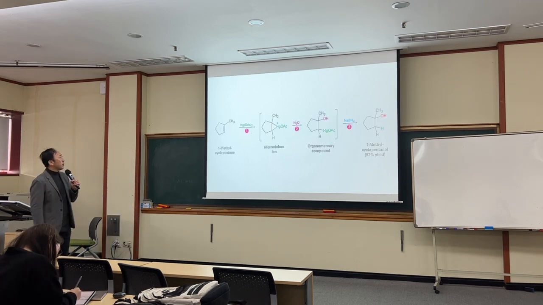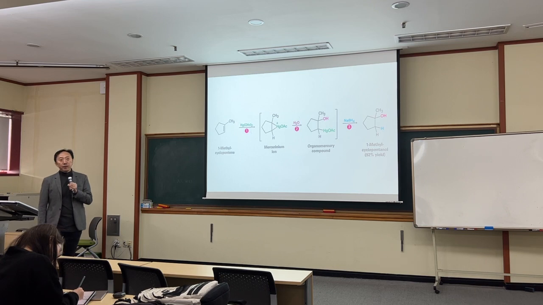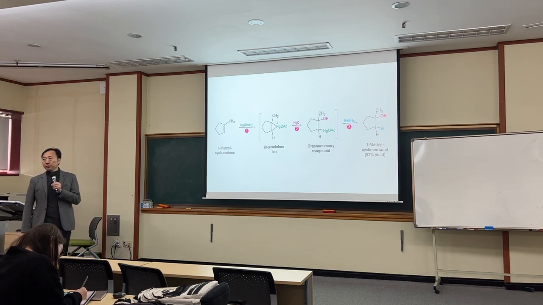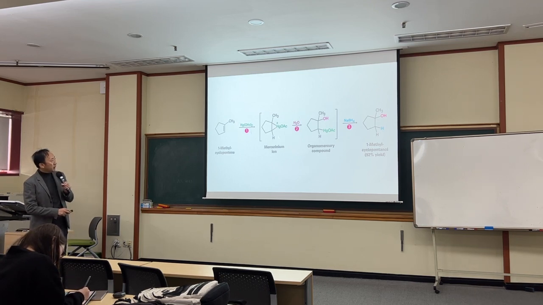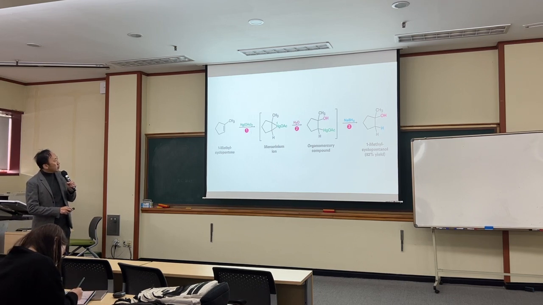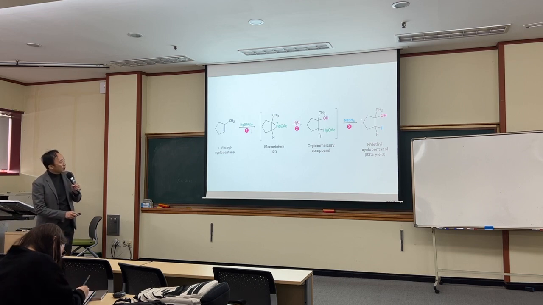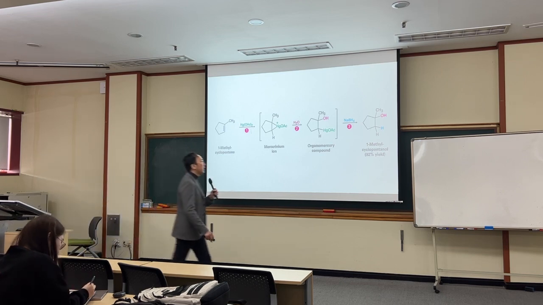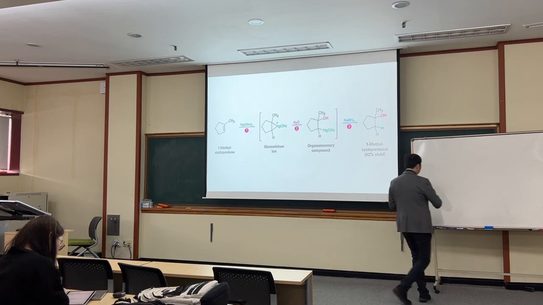If you look at this reaction step by step, mercury is added first, and mercury forms this kind of intermediate, and then the OH attacks the more positively charged position here, and then to remove this mercury, we need to use a basic, reductive workup.